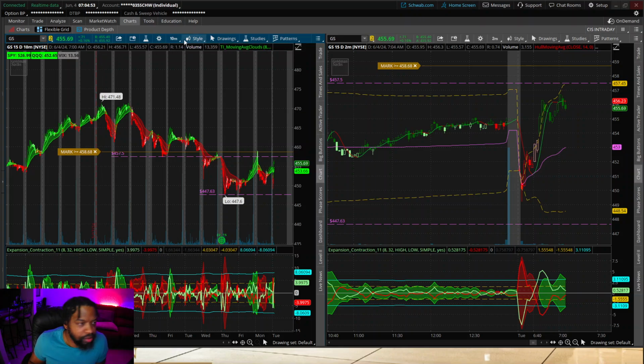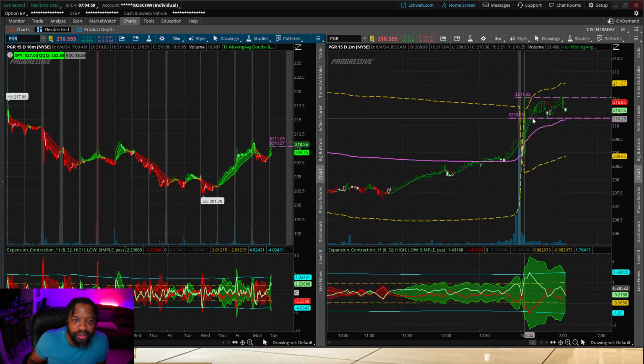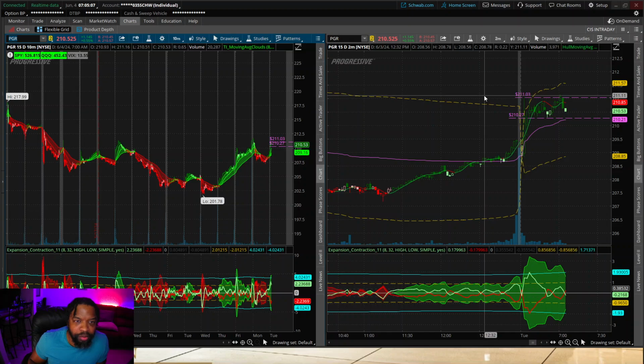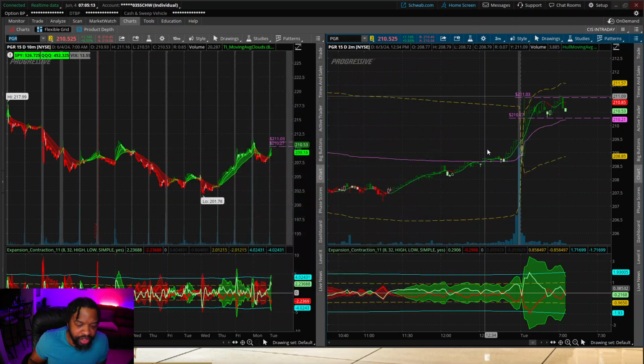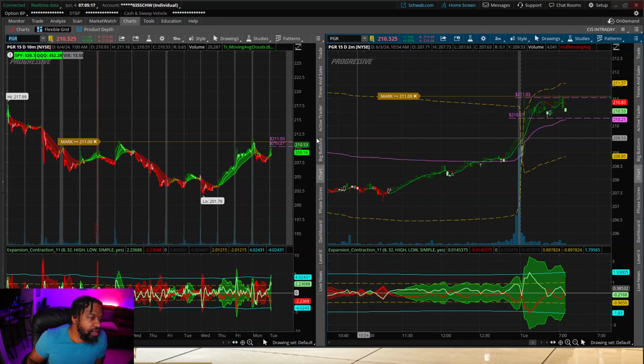And then Progressive. Okay, so again, inside the rotation, no real move. It kind of triggered our alert here, so we'll put another one there. It didn't really break above that, and for us to get that retest we were looking for, it might just stay in this area.